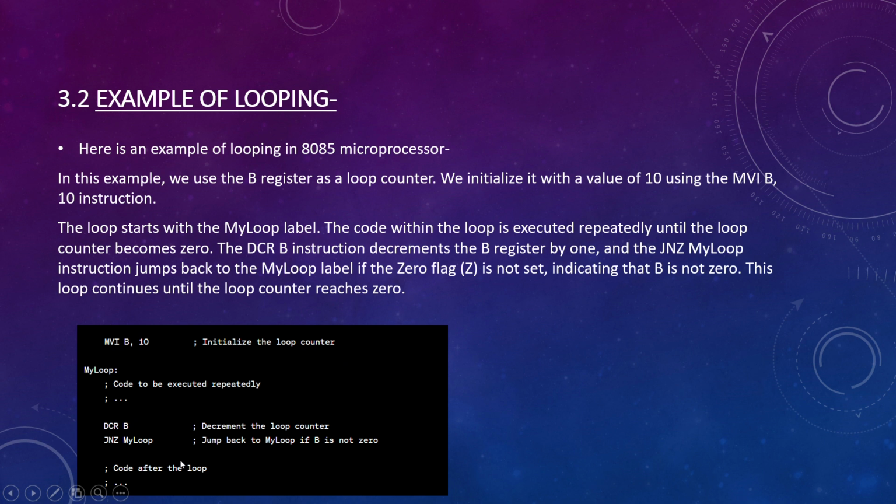Here we are decrementing the B register value, and we jump to the MYLOOP label and execute our statements. This JNZ command is used so that we can execute our statements, and this continues until the zero flag is set and the value of the B register becomes 0.